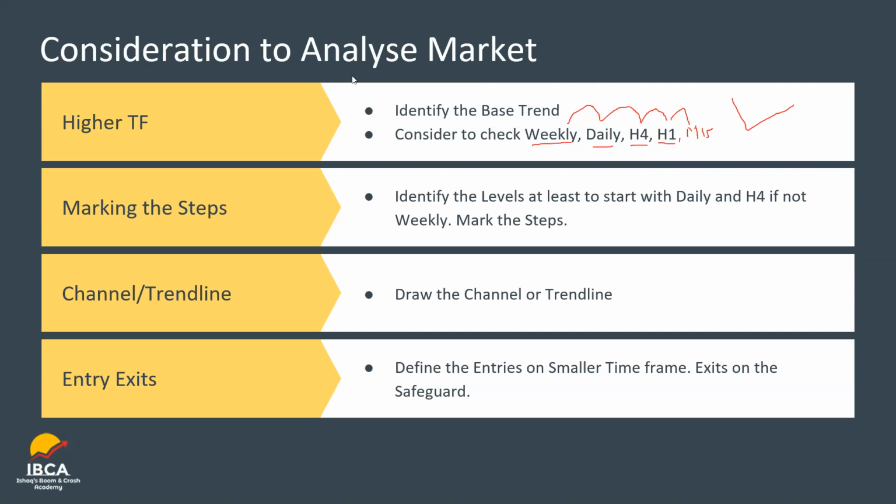So that is your first point, to identify the market bias, correct? Then you come to marking the levels. When you go to the daily, weekly, H4 or H1, I'll show you how you can draw the support and resistance in Boom and Crash, because there is different terminology for that. I have seen your charts.